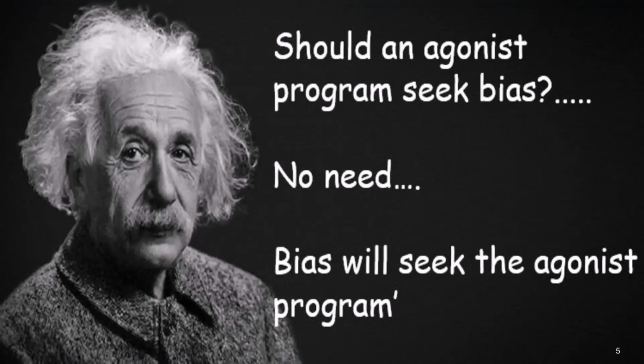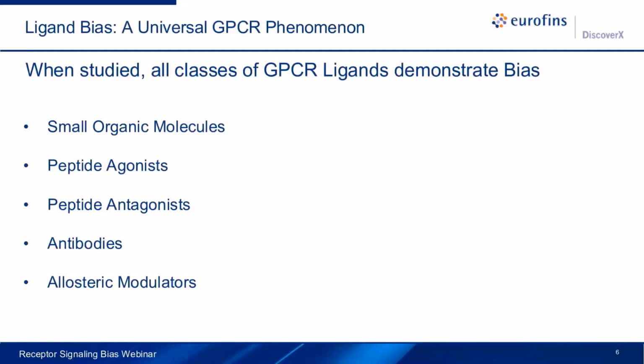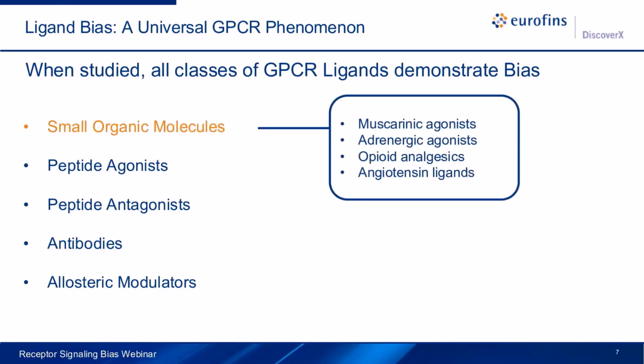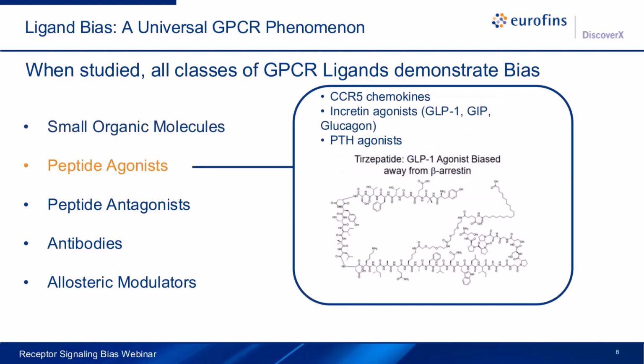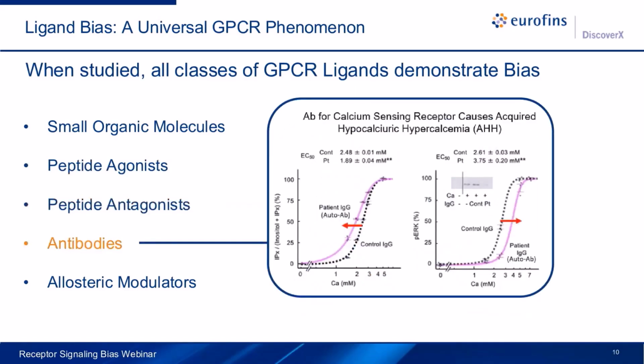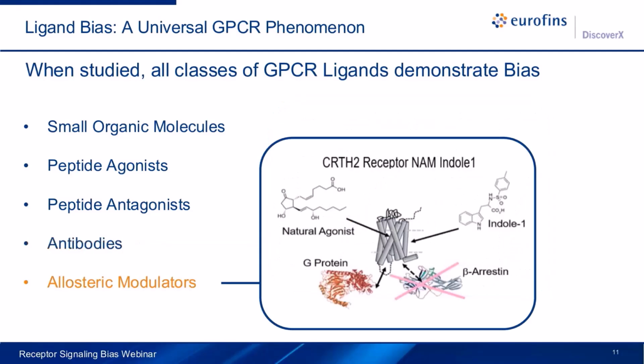So again, I'll just state, should your program seek bias? I am often asked this. No need. Bias will seek your program. And I don't know of a receptor system that does not show compounds that are biased. That's not proving, of course, that all of them will, but so far things like small compounds for GPCRs, peptide agonists, there we have tirzepatide, peptide antagonists, antibodies, and allosteric compounds all practice bias.